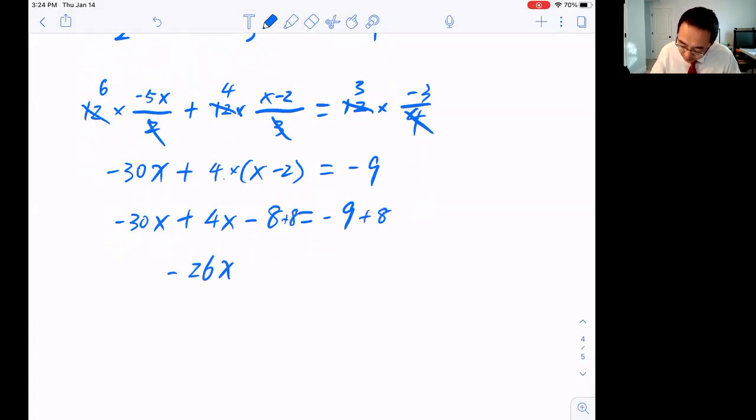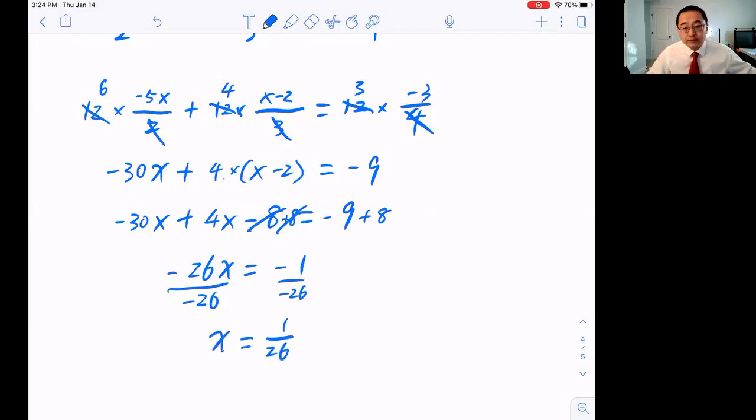That's what you're doing here. Then on this side, the 8 will cancel out, and that gives you negative 1. And then if you divide both sides by negative 26, you get x equals 1 over 26. Right? Is that what you guys got, or did you get a different answer?